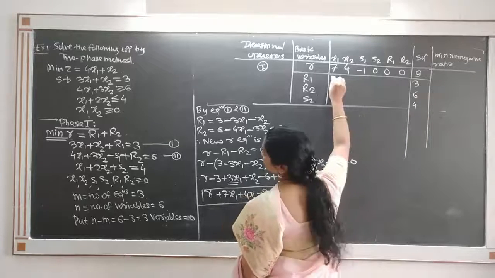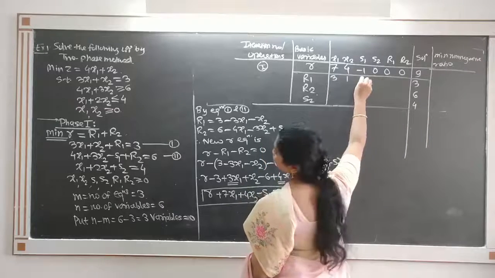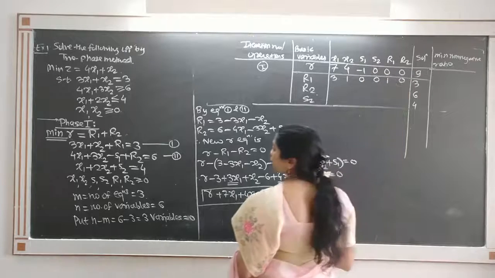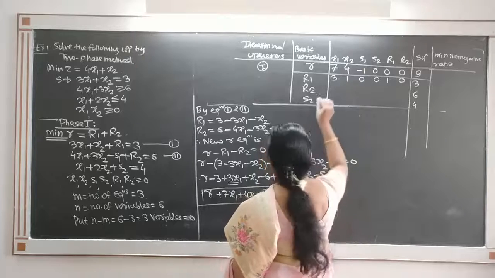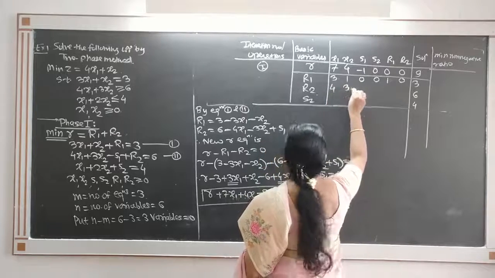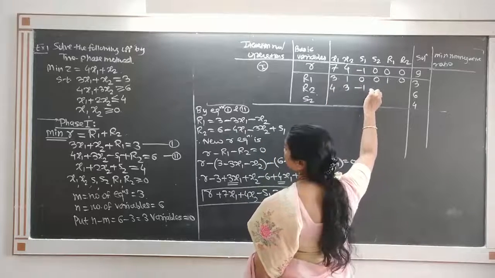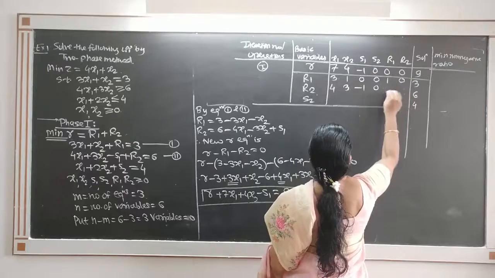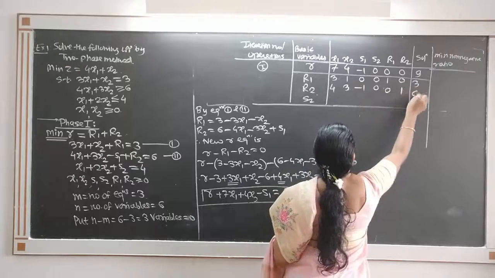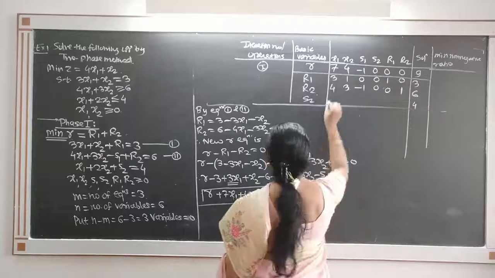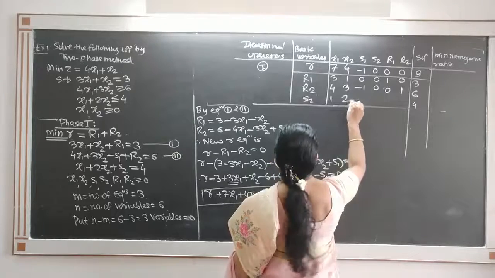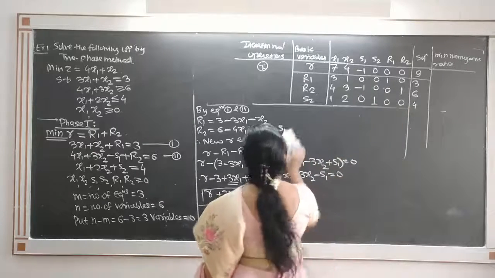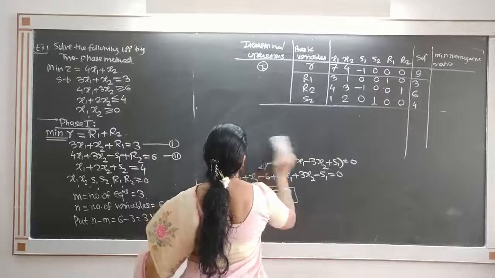The first row is 3x1 plus x2 plus r1 equal to 3. Next 4x1 plus 3x2 minus s1 plus r2 equal to 6. And the third constraint is 1, 2, s2 is 1, no r1 and r2, so 0, equal to 4. So this is our first starting table.